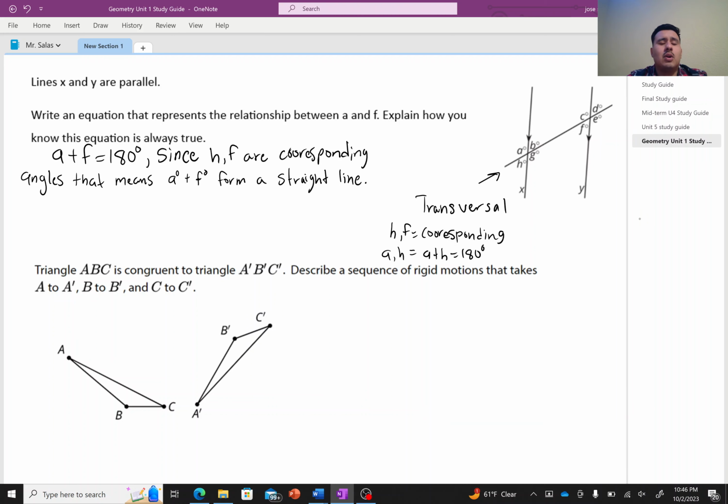Perfect. So if they form a straight line, it is automatically given that it is equal to 180 degrees.